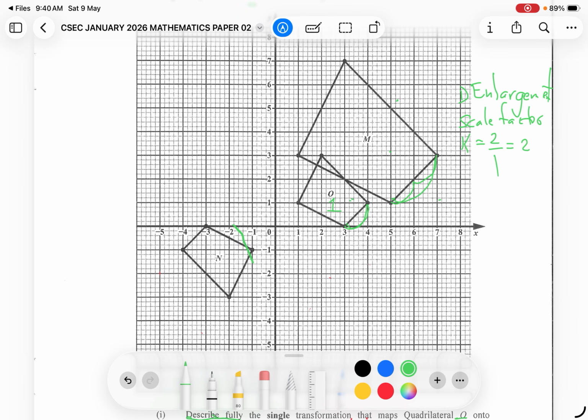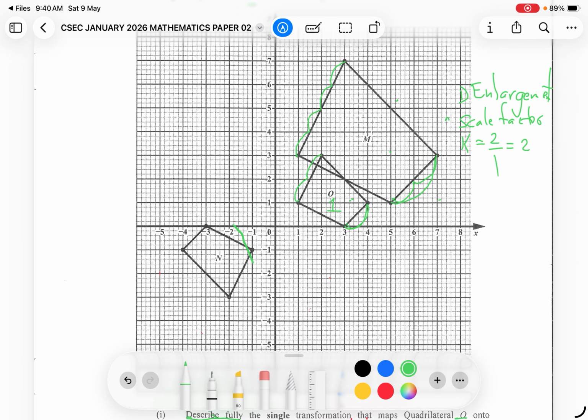And then I can compare any 2 sides. We have to ensure that the 2 sides that we compare are corresponding. So I would use this one up here, 1, 2, 3, 4 boxes, and 4 divided by 2 is still 2. So I know for sure that my scale factor is 2.